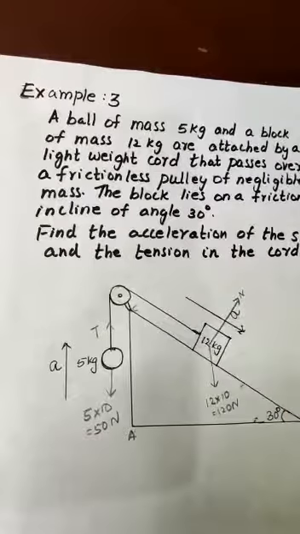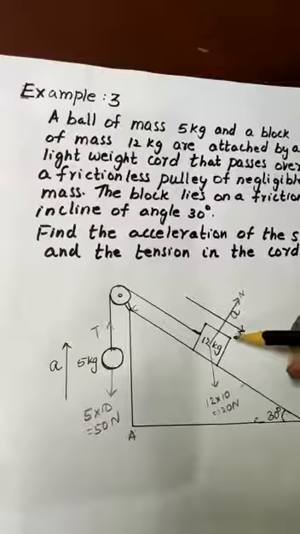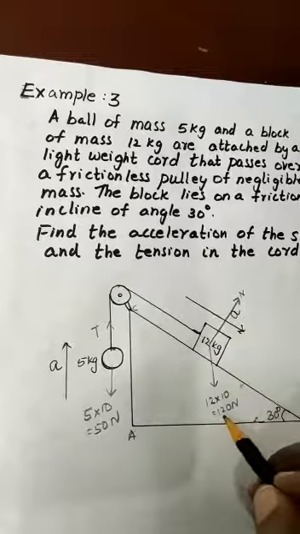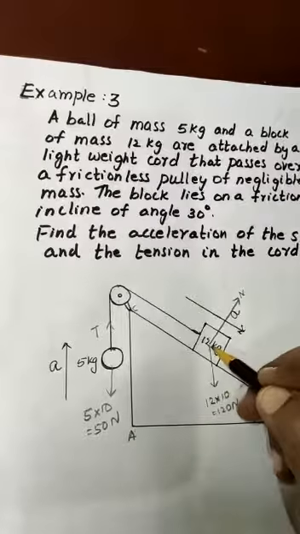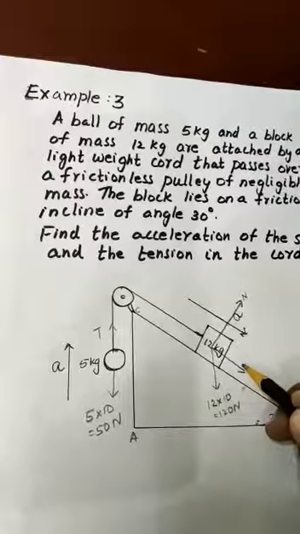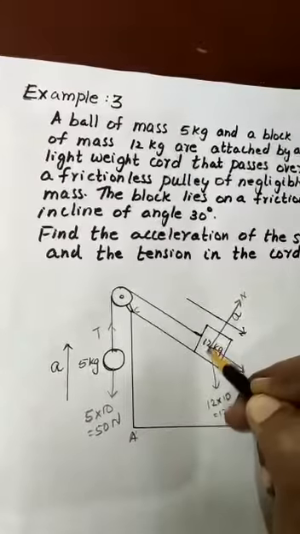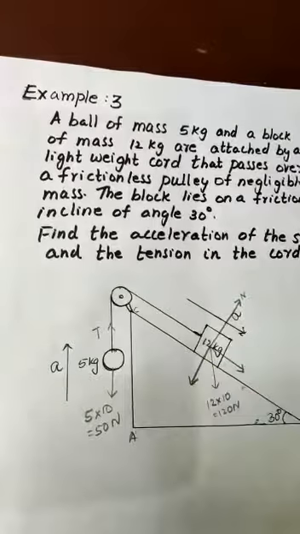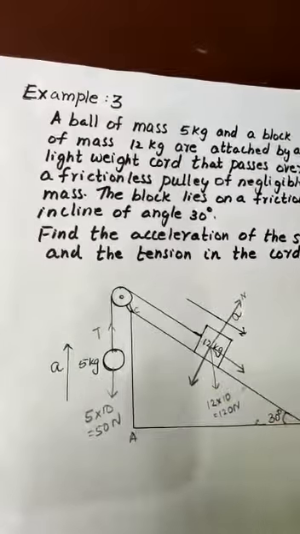Now under this situation, there is a component of the weight that is acting along the surface downward and another component that is opposite to the normal. Now this is the same as the previous case.